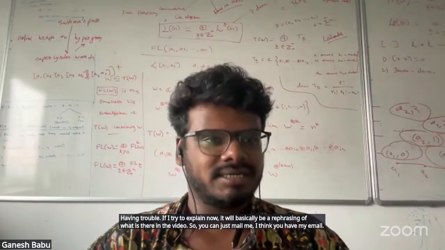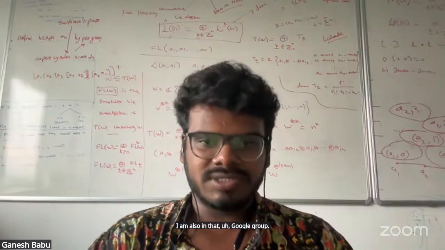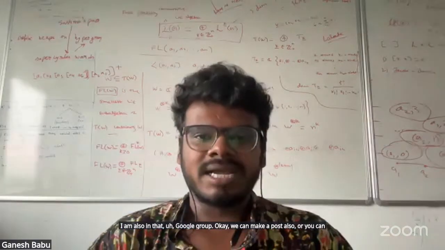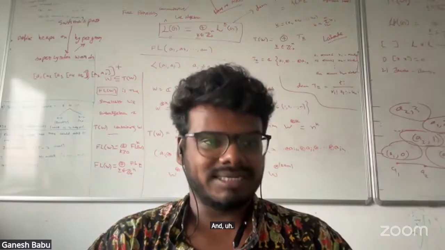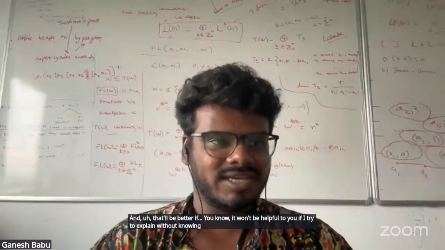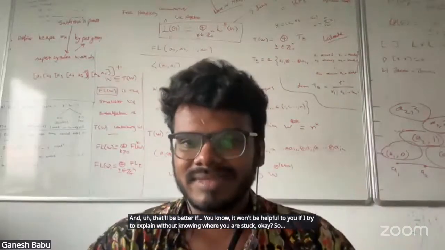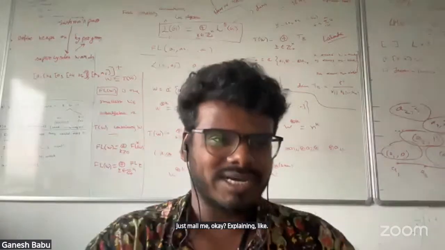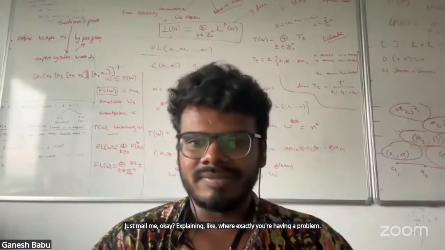I am also in that Google group. You can make a post also, or you can just mail me, and that'll be better. It won't be helpful to you if I try to explain without knowing where you are stuck. So just mail me, explaining exactly where you're having a problem. Yeah, that would be great.